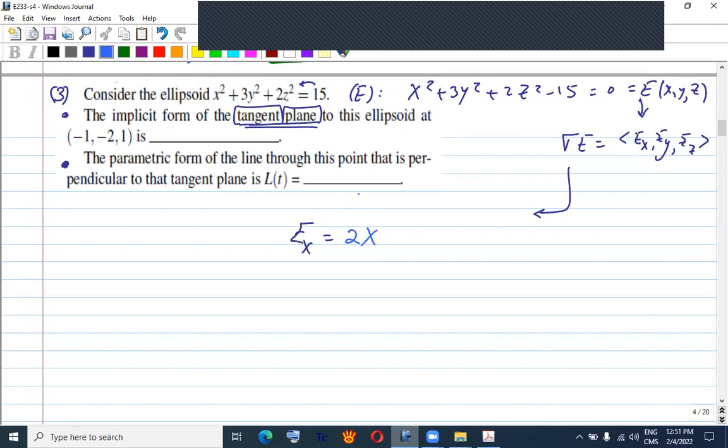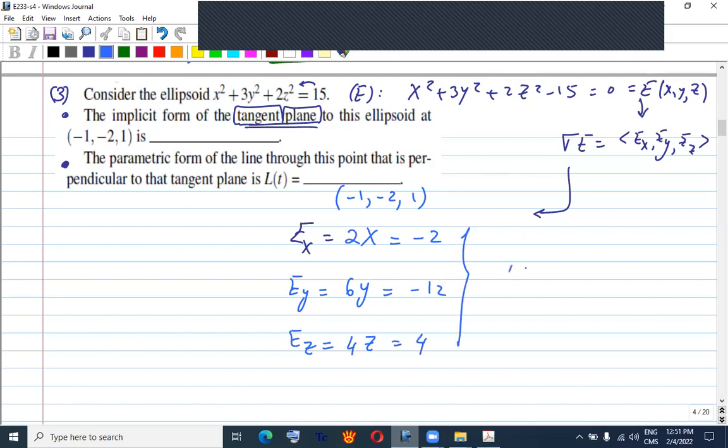The point is at -1, -2, 1 as given. So if you replace those numbers, for Ex you get -2. Okay, Ey: deriving this with respect to y, how much? 6y. You replace y, you get -12. Easy. And then 4z. You plug in z, which is 1, you get 4.